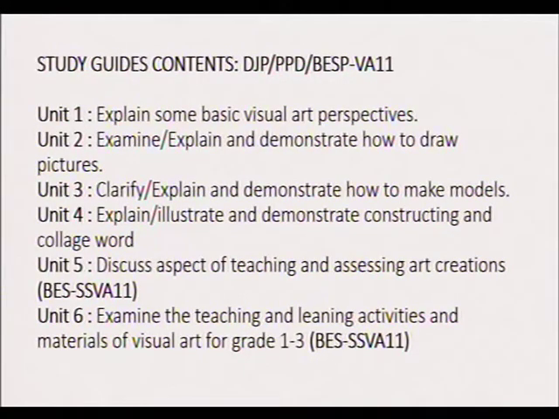Those 4 units appear in all your study guides, except for unit 5 and unit 6. Those only appear in the BES TAS SS visual art book. But they are not a matter for now.